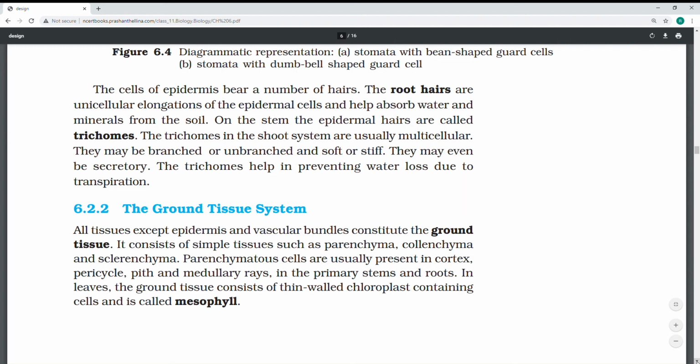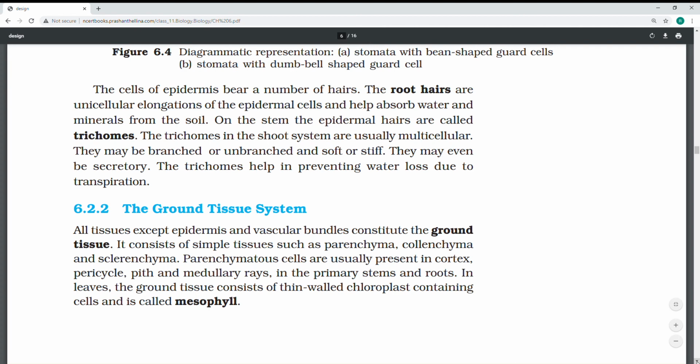Whereas trichomes are multicellular, root hairs are unicellular. Trichomes help in preventing water loss. That is the epidermal tissue system.